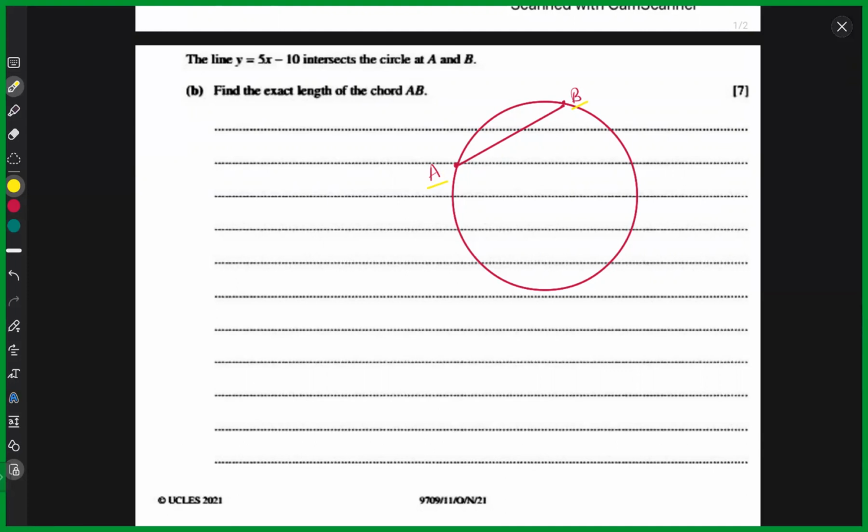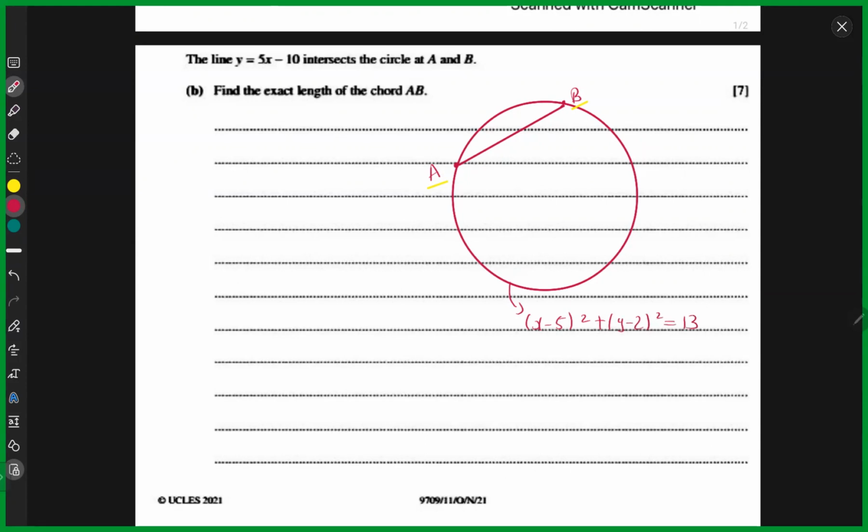Using the midpoint equation. Midpoint of what? Okay, take your time. Let me write down whatever we have. So in the previous part, we got the equation of the circle, and that is (x minus 5) whole squared plus (y minus 2) whole squared equals 13.